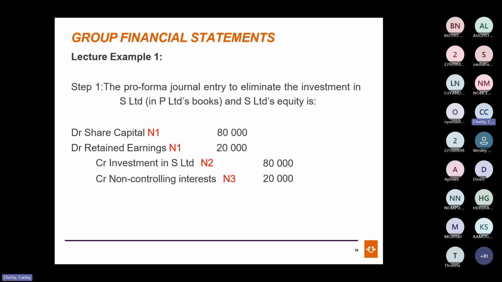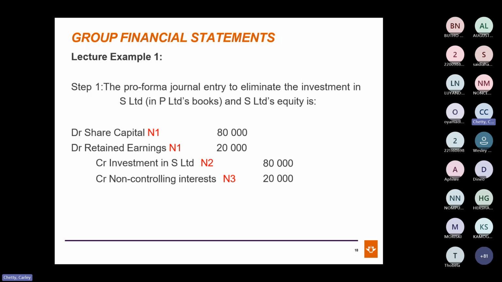So the debit is the elimination of 100% of the equity. Remember, the equity is the retained earnings and the share capital and the other reserves of the subsidiary at acquisition. So we're simply debiting the share capital and the retained earnings, and we are eliminating 100% of the equity of the subsidiary at acquisition.